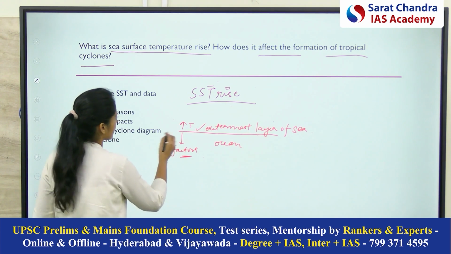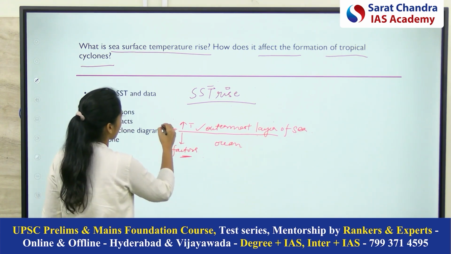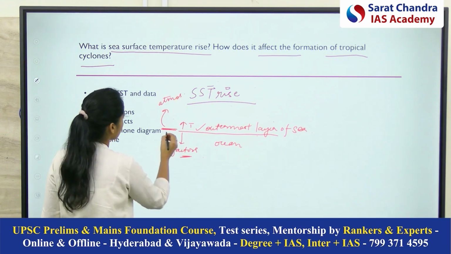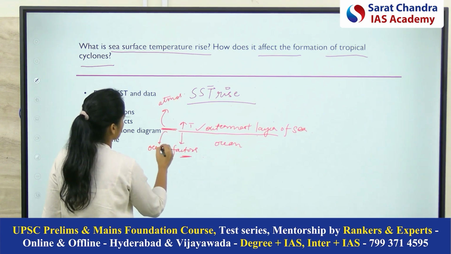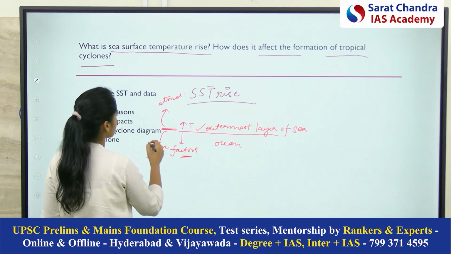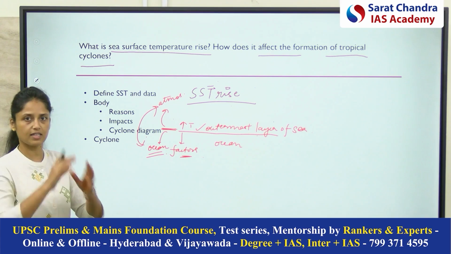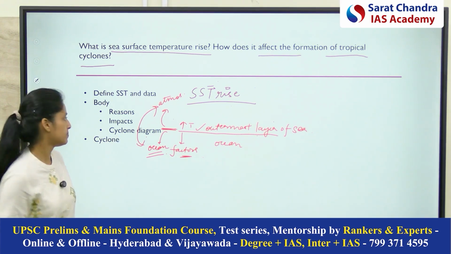Basically this sea surface acts as a link between the atmosphere and the ocean surface, and the linkage of atmosphere and ocean surface creates what we call climatic or weather patterns.